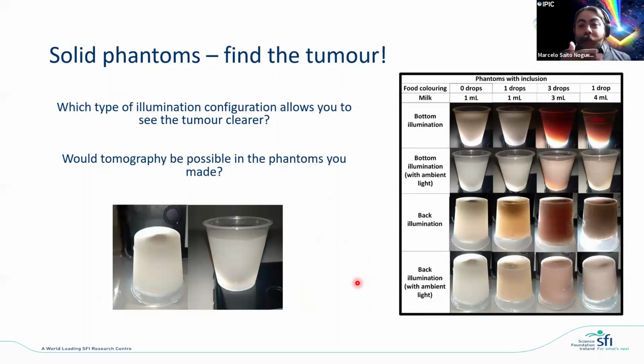You can see if you can find the tumor by illuminating it with your smartphone flashlight, or even use the LED circuit we have given you to illuminate it with different colors. Could you find the location of the tumor better if you illuminate with just red or green or blue light? What would this look like? Could you do tomography with these?